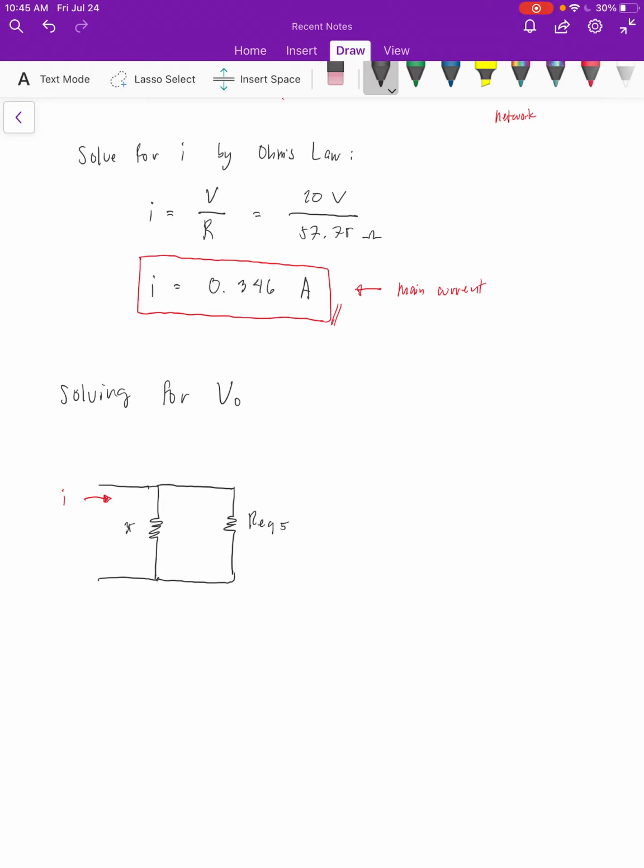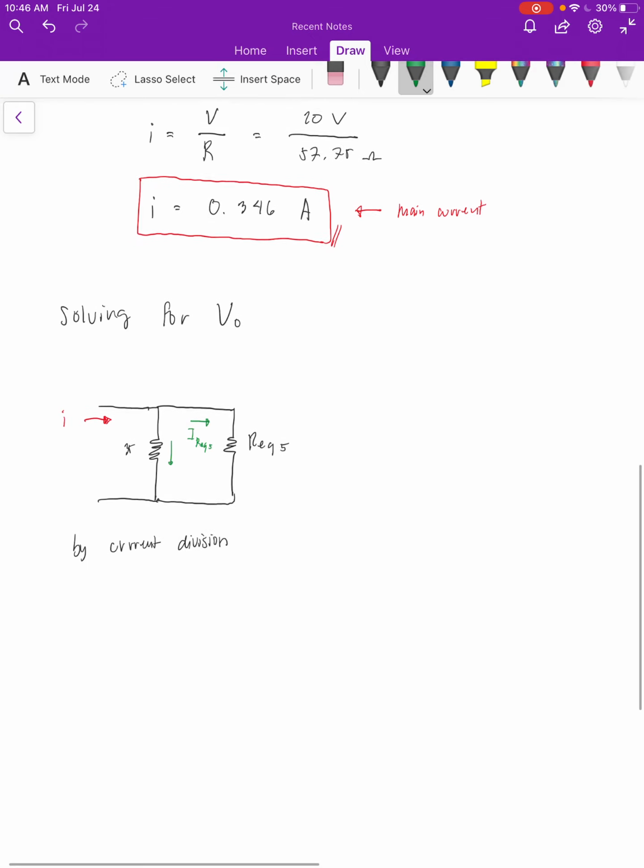So by current division, in order to solve for the current here, we have just to label it as our current for REQ5, so that's very small.